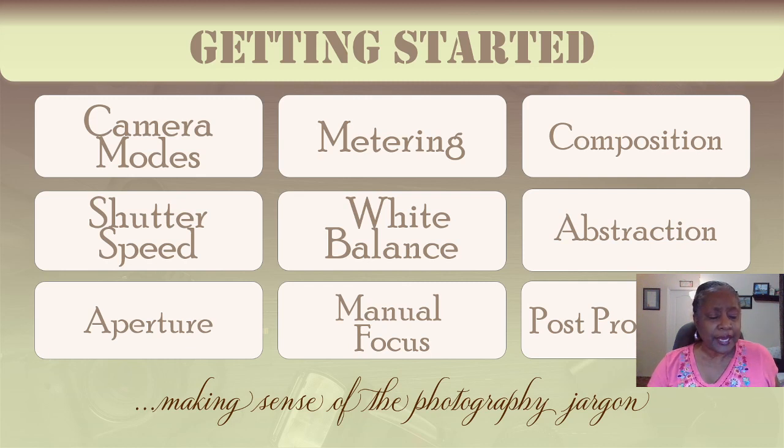And then setting your ISO. That's probably one of the misunderstood settings in the camera. But adjusting your ISO can either brighten or darken your image. So you want to, again, become familiar with raising the ISO values. And what does that mean?